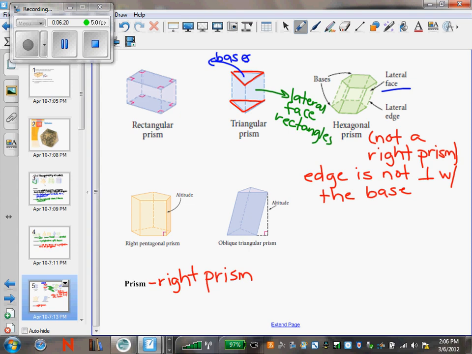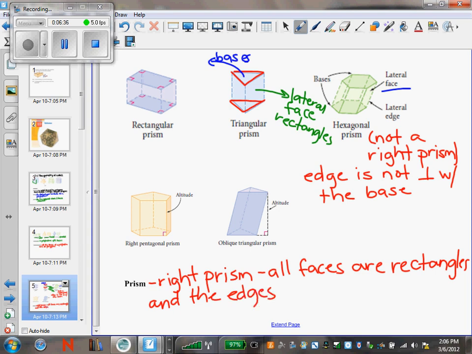So all of our faces are rectangles, and the edges are perpendicular to the base, whatever the base figure may be.